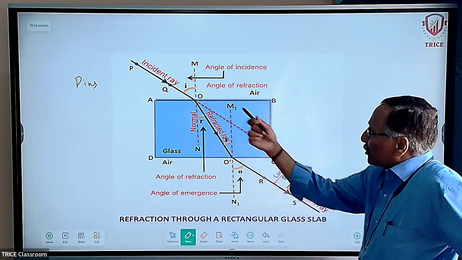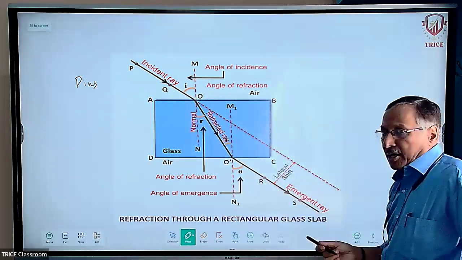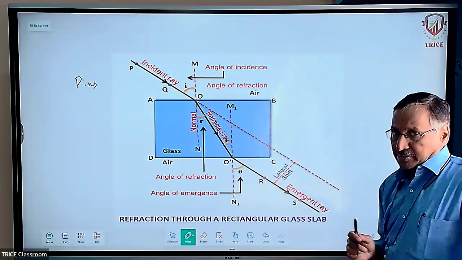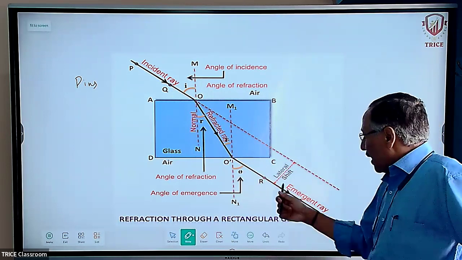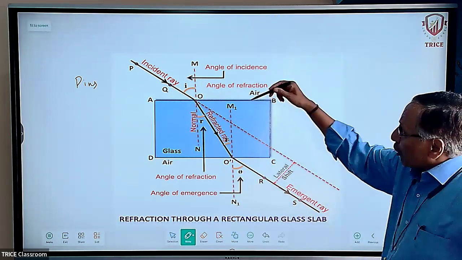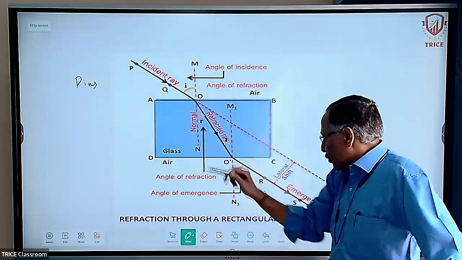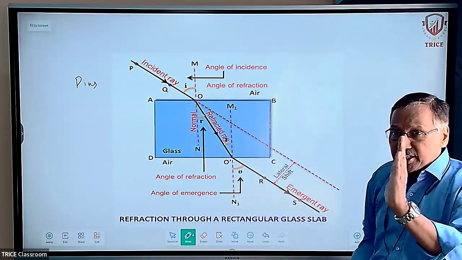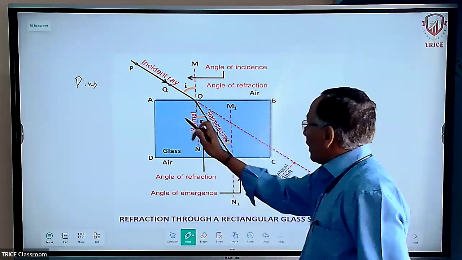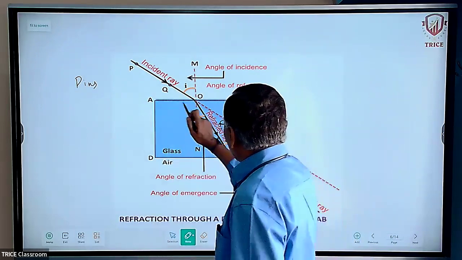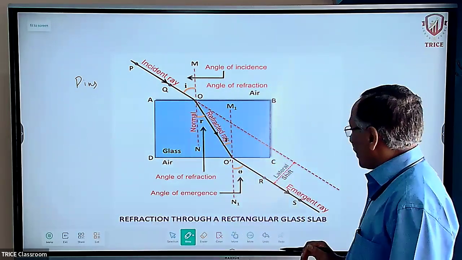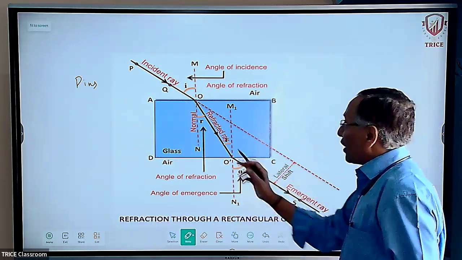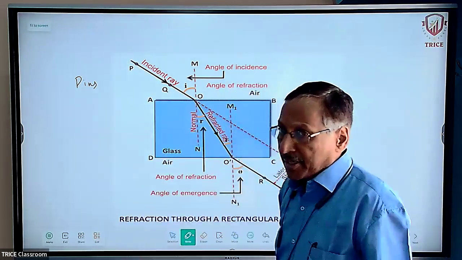Looking at the images of these two pins from the opposite side of the glass slab, fix two more pins R and S. You will see that all the four pins P, Q, R and S will be in the same line. Mark the outline of this glass slab. Join these two pins, which forms a light ray. Join these two pins, it will also form a light ray.